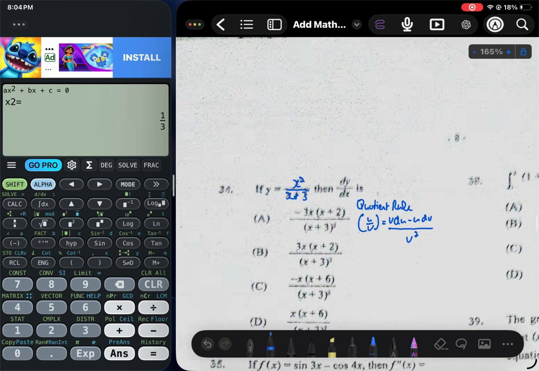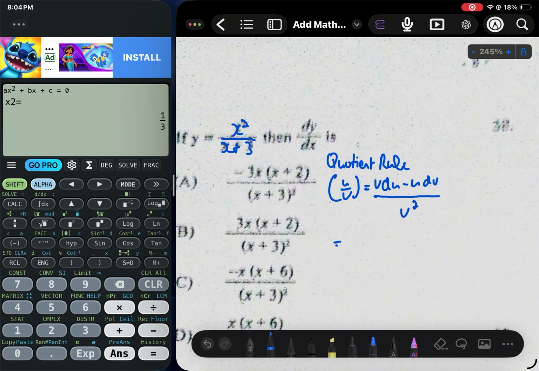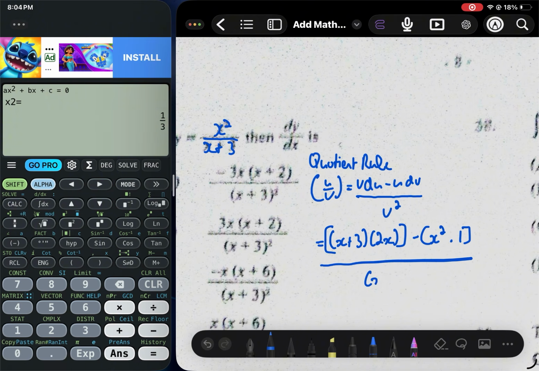So u would be x squared and v would be our x plus 3. So v, which is x plus 3, would be multiplied by the derivative of x squared, which is 2x. And we subtract that from our x squared multiplied by the derivative of v, which is just 1, over v squared. So x plus 3 squared. We do not expand the denominator.